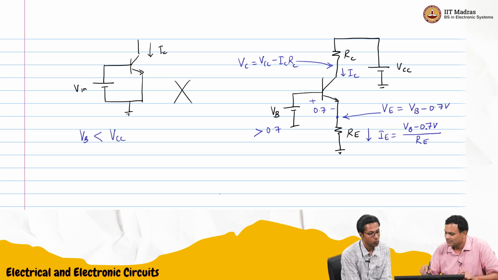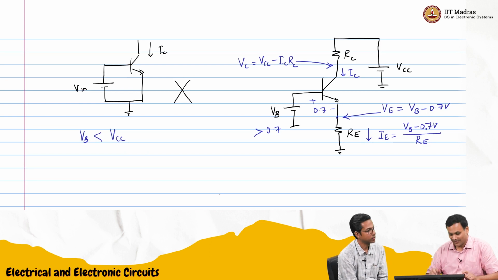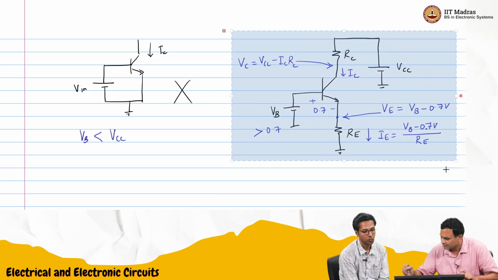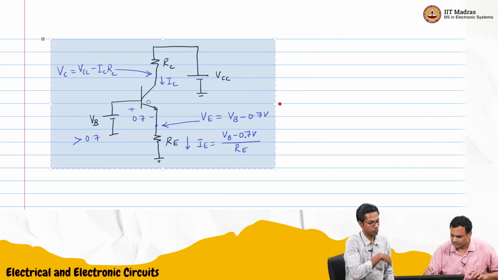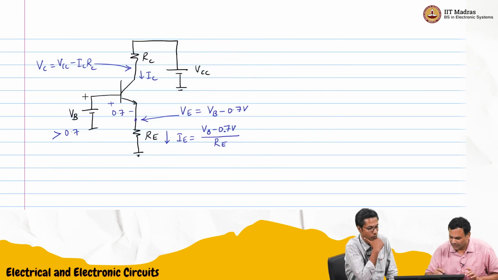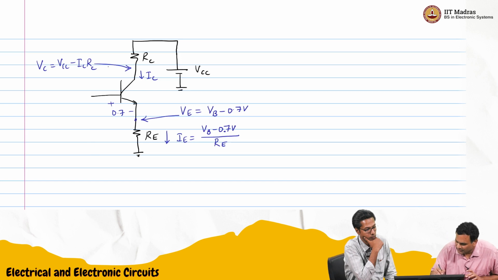So shall I redraw the circuit, or we'll copy this to a new page and draw that part. We want to get rid of this and use a resistive divider. So what we'll do, I'll move this a little bit.